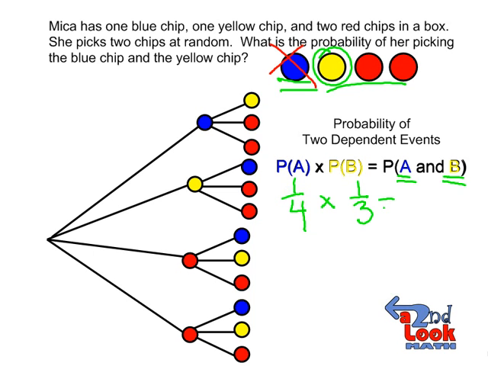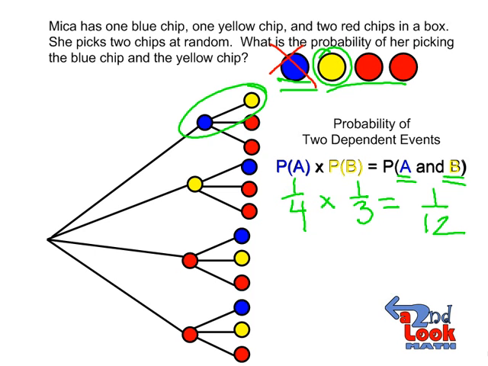This, when multiplied together, top times the top, bottom times the bottom, gives me that 1/12, which is exactly what we expected. When we look at our decision tree, we see 1 time out of 12 that blue and then yellow happens.